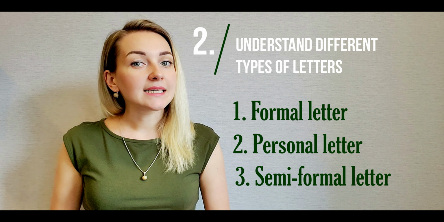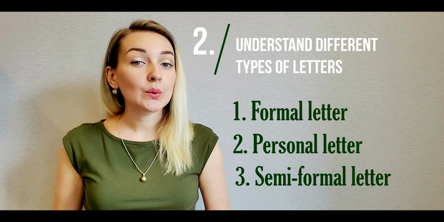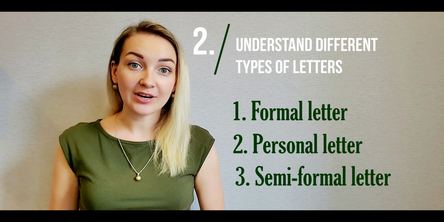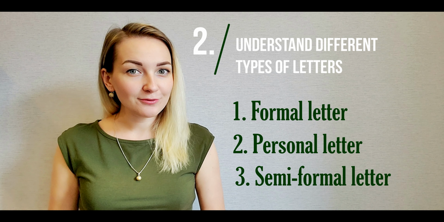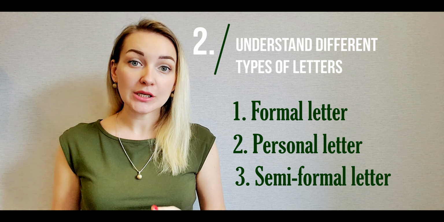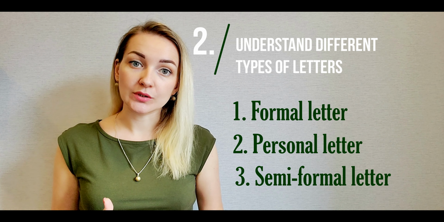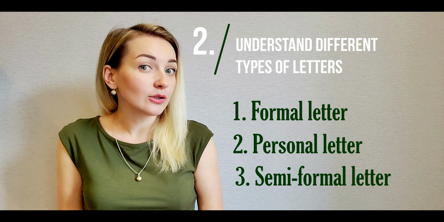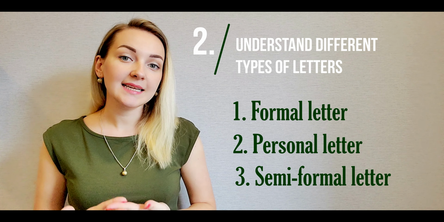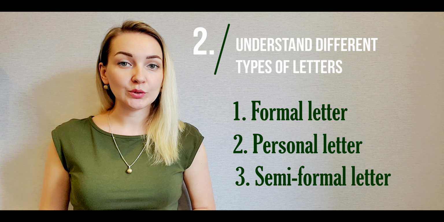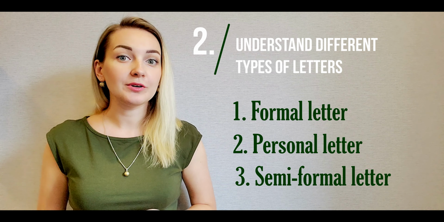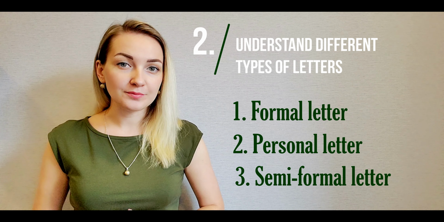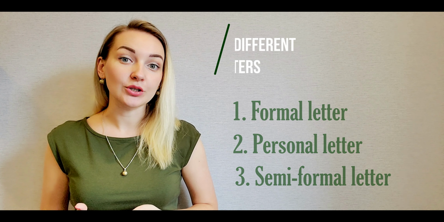A personal letter we write to someone who we know very well, such as our friend. And a semi-formal letter we write to a person we know but not very closely, such as an employer, a neighbor, landlord, etc. This is necessary as it may help you to choose an appropriate tone, vocabulary, and the information which you are going to include in your letter.